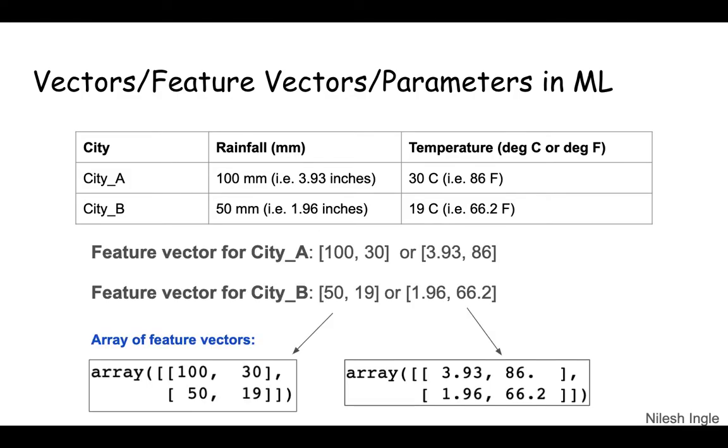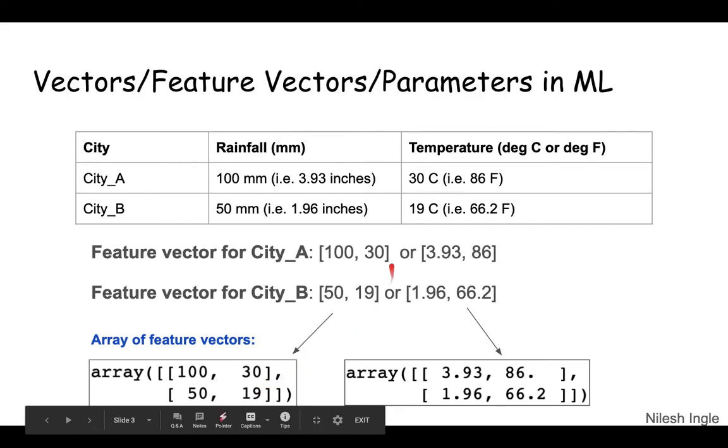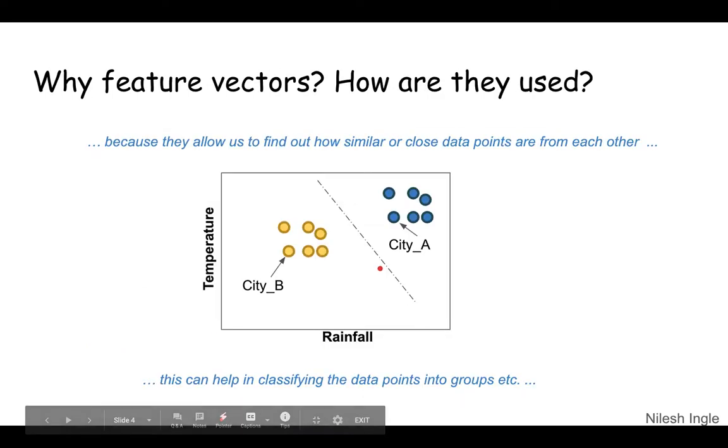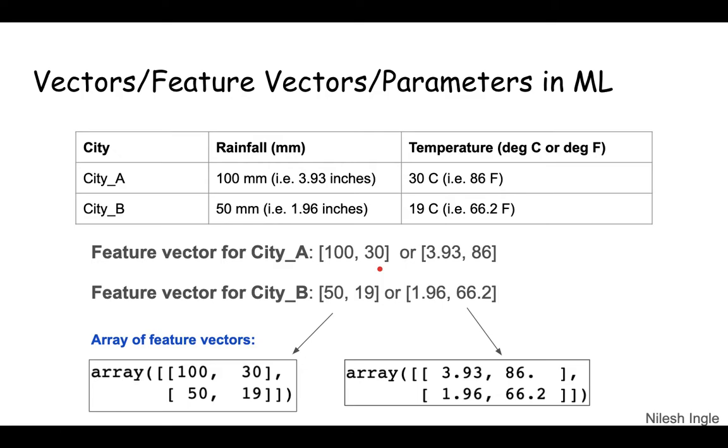As you can see, we can create a feature vector for city A, which is, say, as you can see here, this one, 100, 30 for city A, and then 3.93 and 86 if we consider inches and Fahrenheit. Similarly, for city B, we have this as a feature vector.